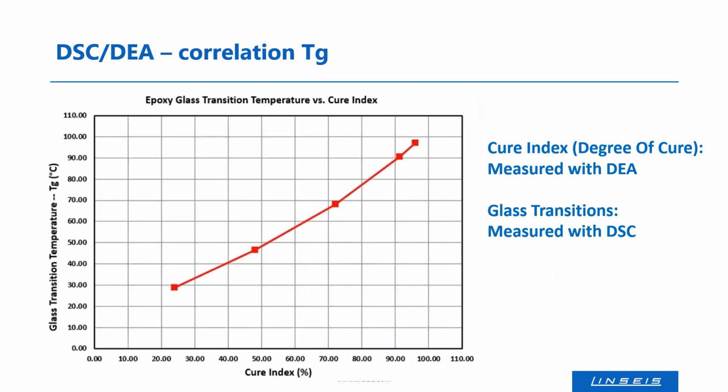We have good correlations between DSC and dielectrical results. You see here the glass transitions are directly proportional, more or less, to the cure index, which is measured with the DEA. The cure index is the degree of cure in percent. And you see, the higher the cure index, the higher your glass transition will be.